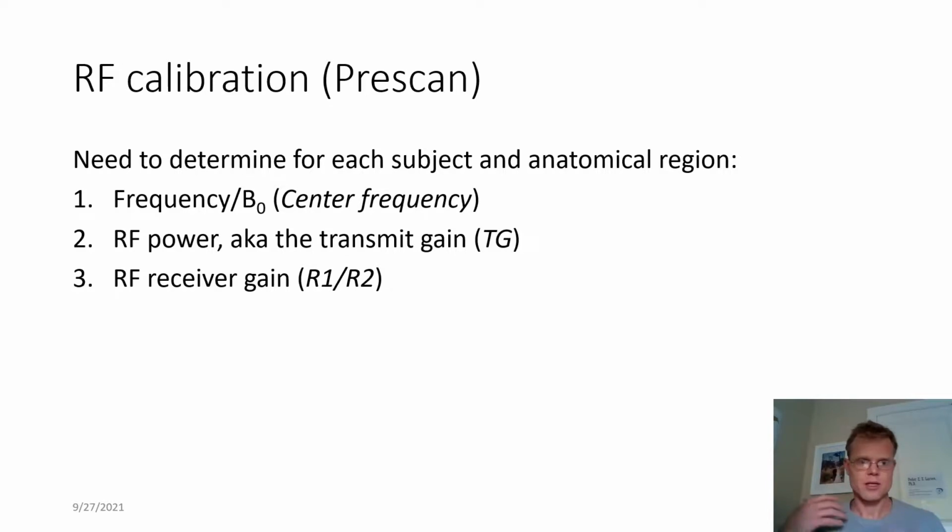How much radio frequency energy do we need to put in to generate a certain amount of magnetic field, which turns out is going to dictate what our flip angles are going to be. And then the RF receiver gain. Remember, we're also using these RF coils to receive the signal. So after excitation, as the net magnetization is precessing, we're going to get that signal back in the RF coils, and we adjust these gains depending on how strong the signal is in the given imaging situation.